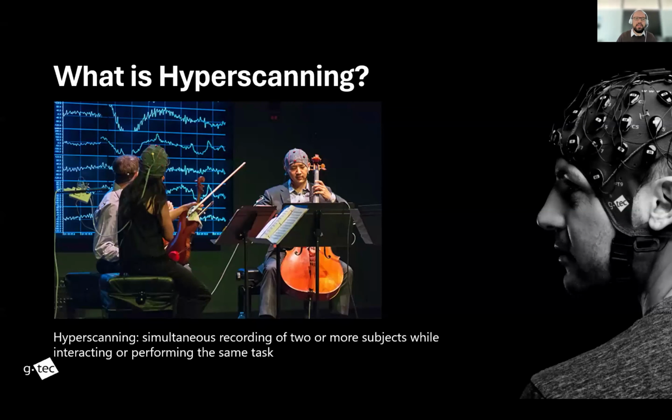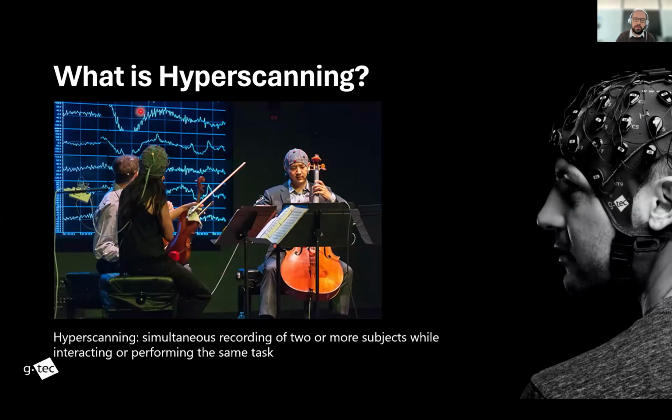What is hyperscanning actually? What you're seeing on the screen is a photo from one of the experiments that were performed in the UK. We have several users playing music at the same time, and we were acquiring EEG.